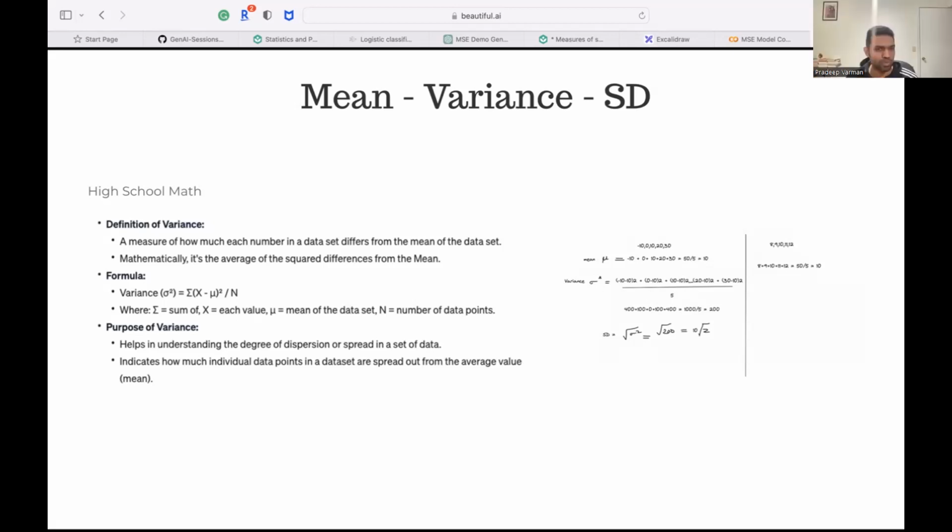No, there could be more than one formula, but this one I narrowed down based on my understanding. I saw something like n-1 too. So why is it n-1 and n? What's the difference? I haven't dug deep into that, Bhargav, but I saw there is a different variance formula too. So that's a takeaway question for me.